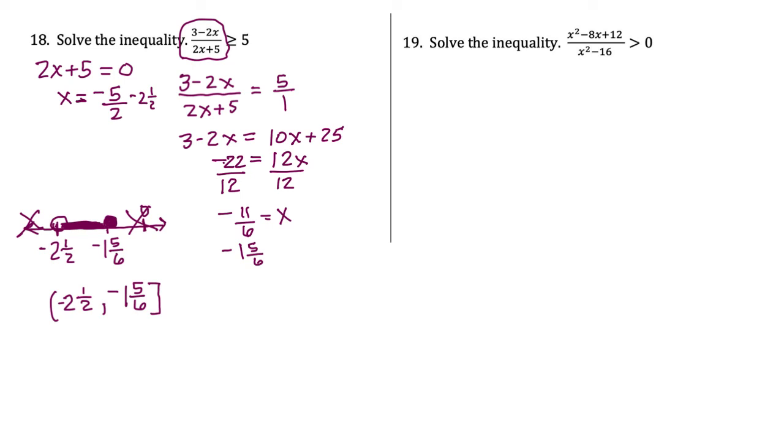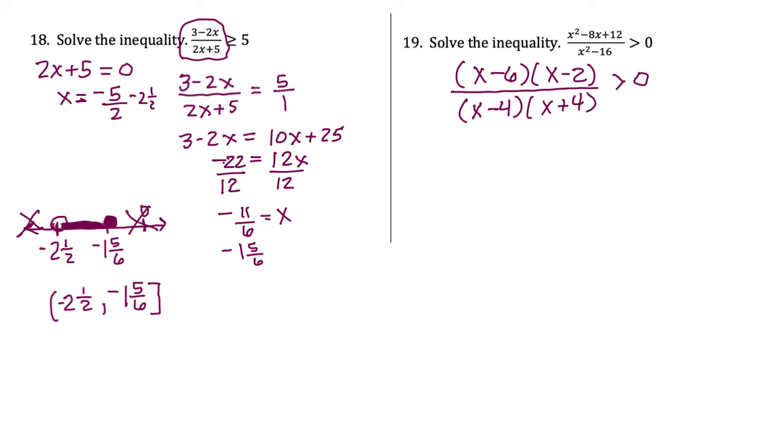All right, number 19. Let's go ahead and factor that. So you've got x minus 6 times x minus 2 over x minus 4 times x plus 4, and all of that's greater than 0.